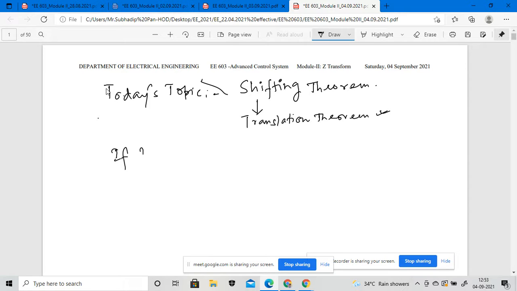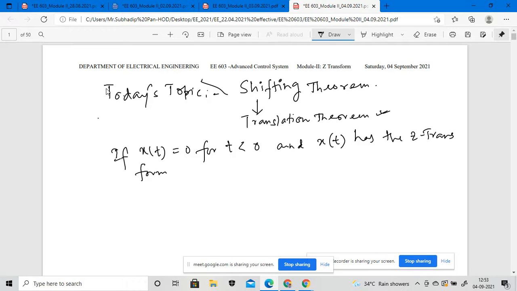If x of t is equal to 0 for t less than 0, and x of t has the Z transform X of z, then this will be my assumption.